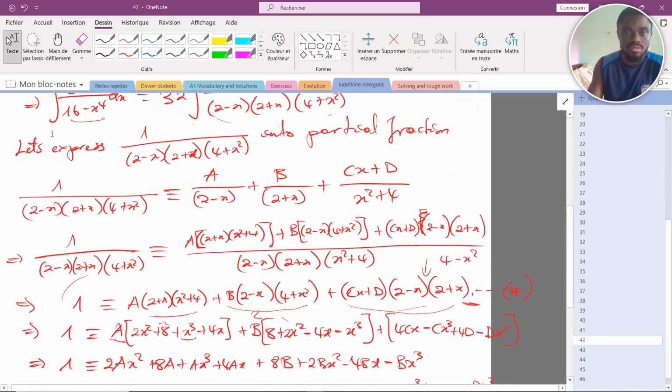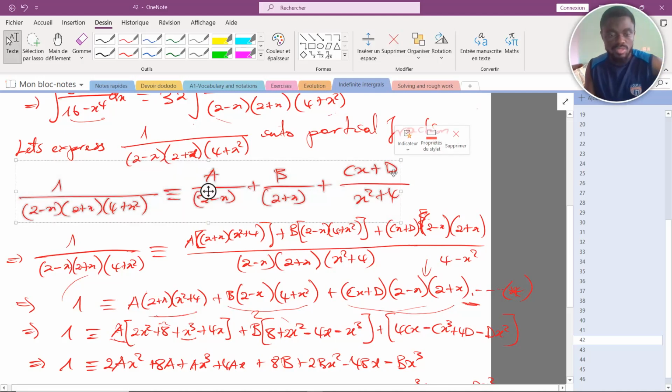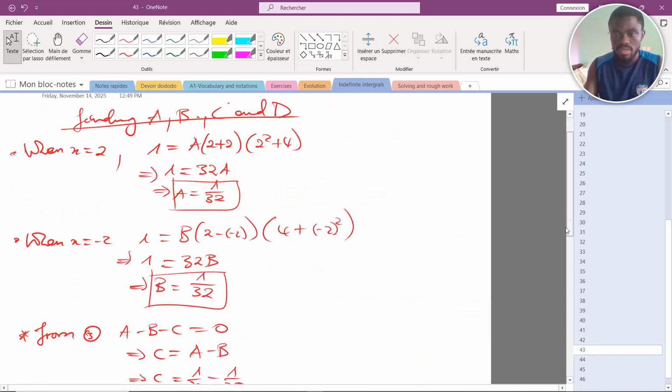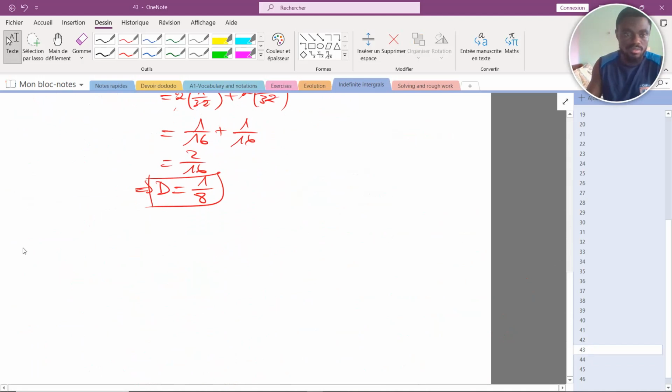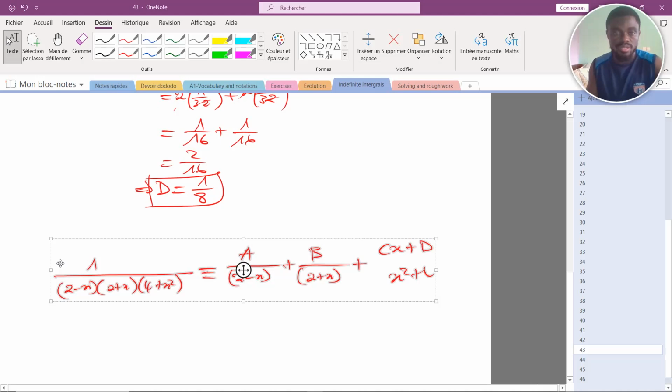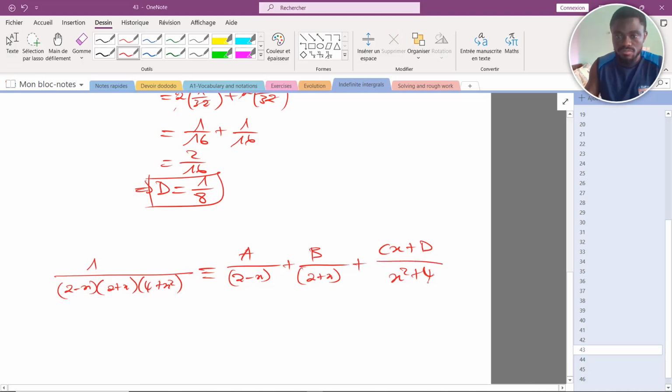Let me copy this and go to the next page. So our aim was to express this in partial fraction. So let me write back this for x. So this was the partial fraction we're looking for.